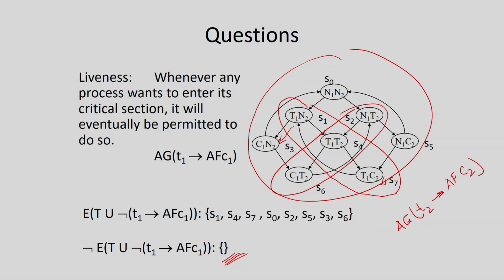Then as a designer, I will concentrate on those parts and try to redesign that part. The way I was saying, somehow I have to break this particular loop. So, we will redesign that part and come up with a new design.